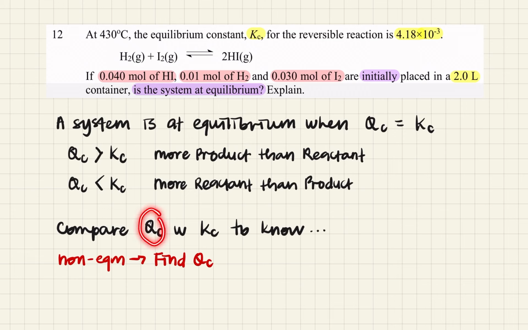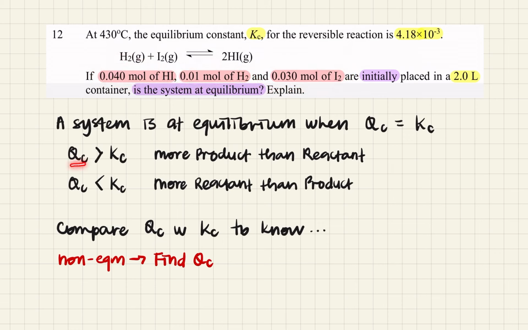You have to compare your Qc with Kc. Qc is your reaction quotient, where your system is at non-equilibrium, not yet at equilibrium. Kc is when it is already at equilibrium. So we need to find our Qc, meaning we put these values into your Qc.